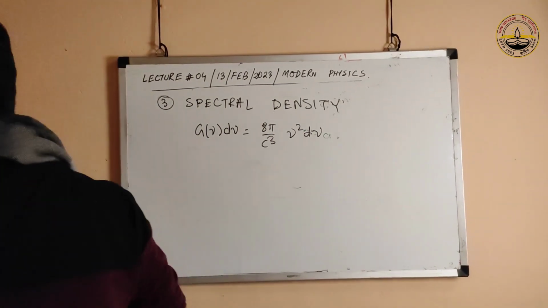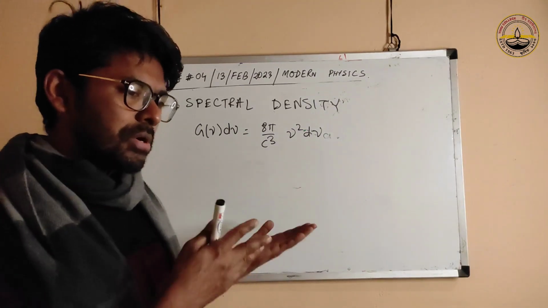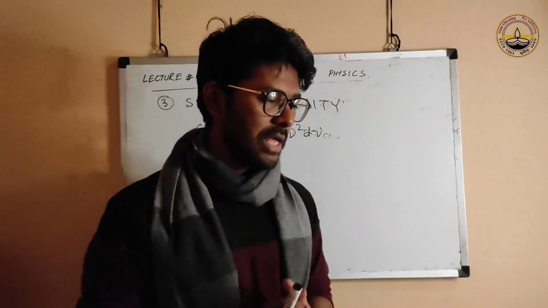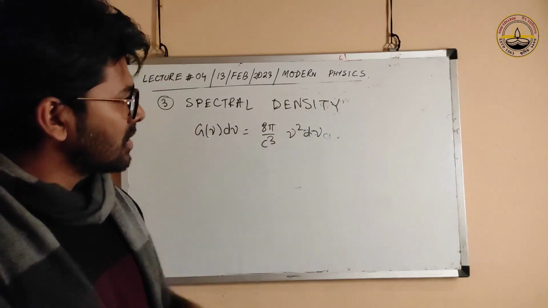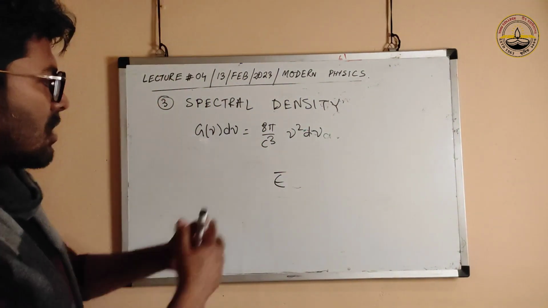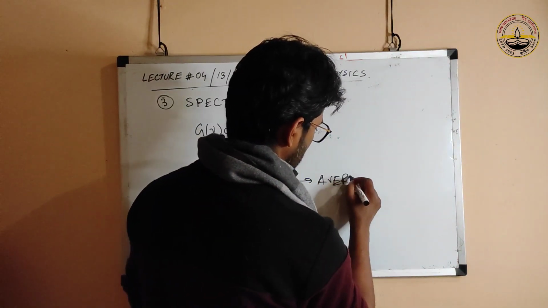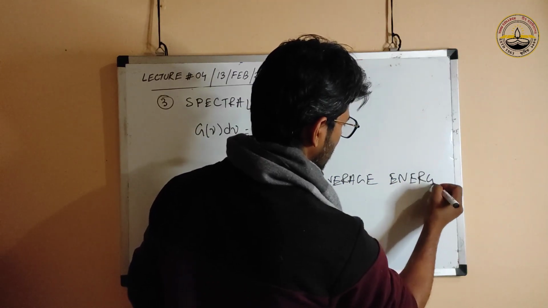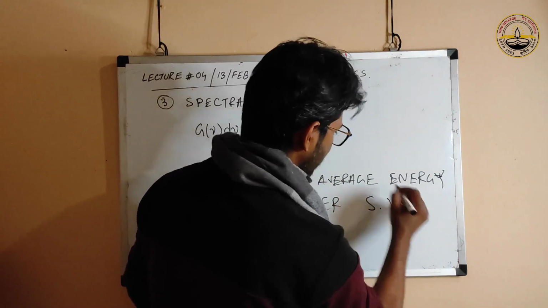Now, if we knew the average energy per standing wave, how much the average energy of a standing wave was, we could just multiply it. Let's call that epsilon bar, our average energy per standing wave.